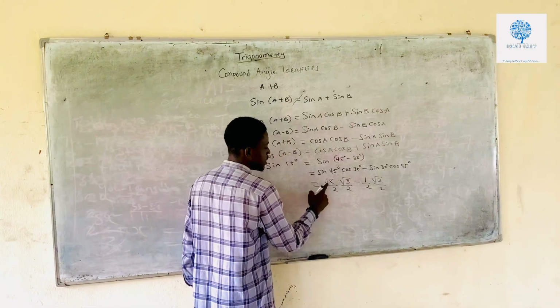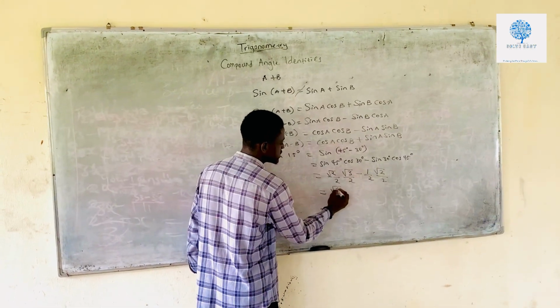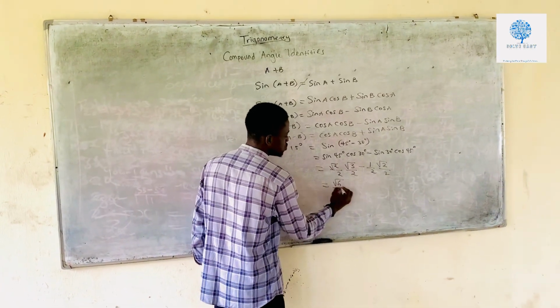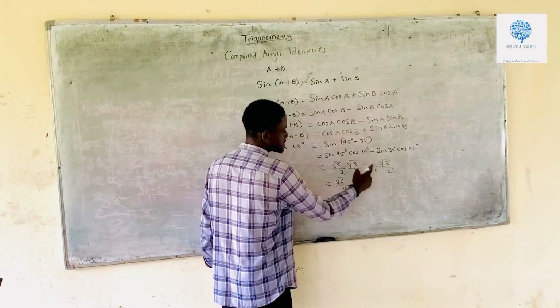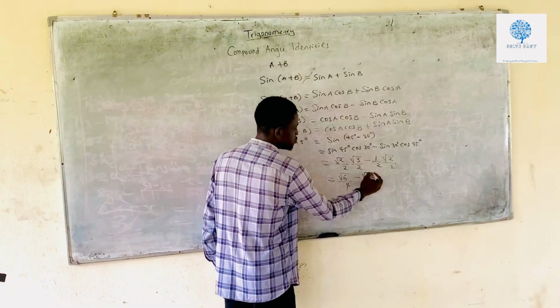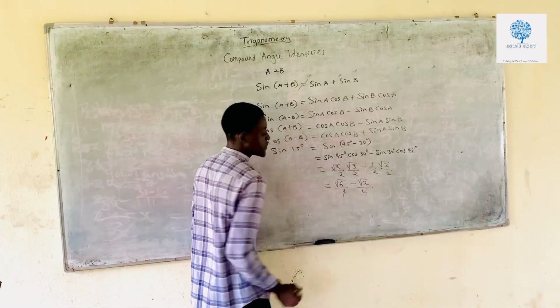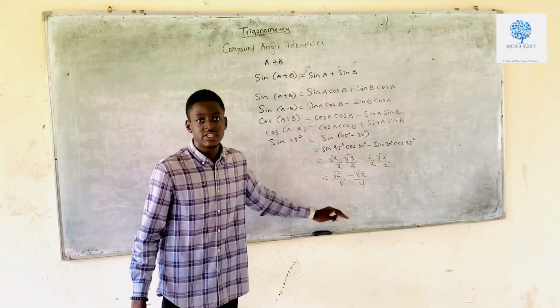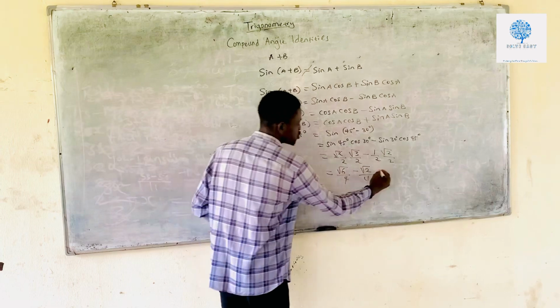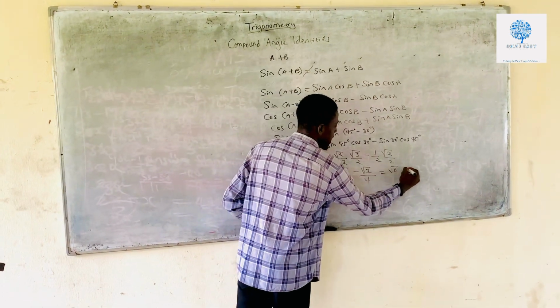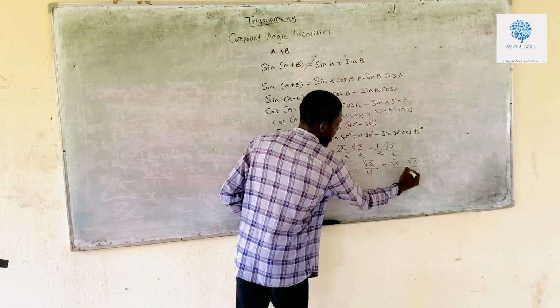So this gives us root 2 times root 3 is root 6, 2 times 2 is 4, minus 1 times root 2 is root 2, over 2 times 2 is 4. Now, because both of them have the same denominators, we can join them to say this is root 6 minus root 2, divided by 4.